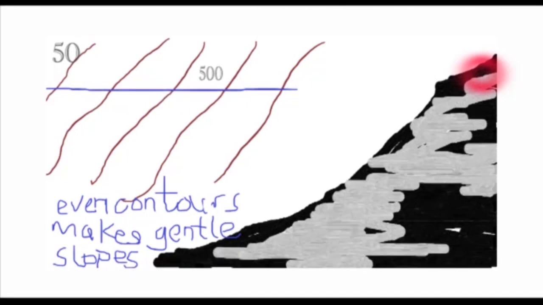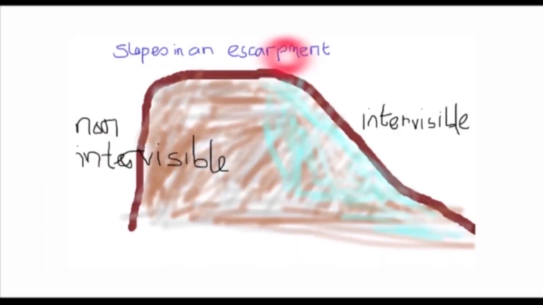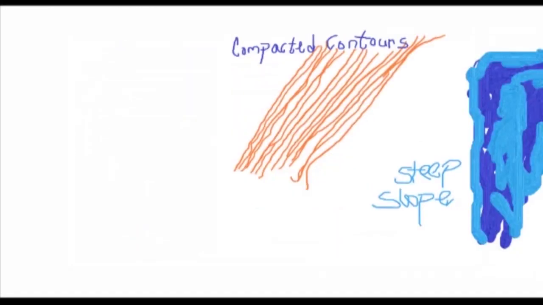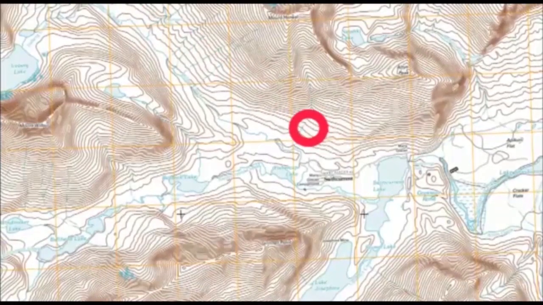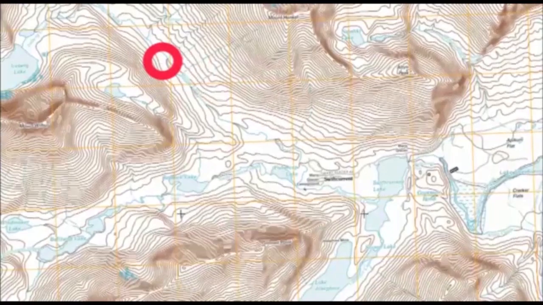An escarpment is a highland that is steep on one side and gentle on the other side. So the steep slope is very steep from the base to the top. Contours on a map that are very close together, compacted, make a steep-sided highland or a very high land. Contours that are well spaced, gentle in their form, make a gentle slope.